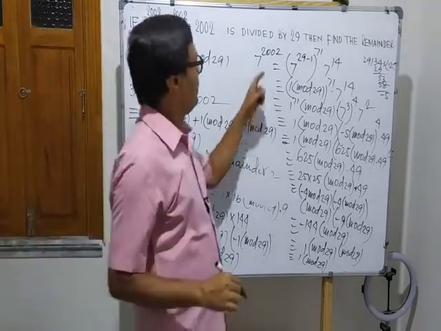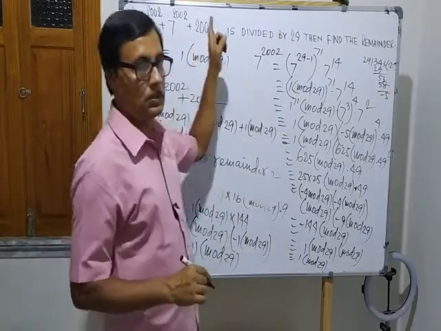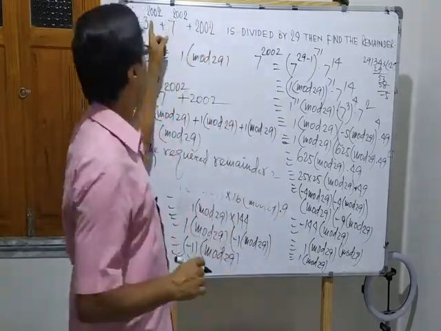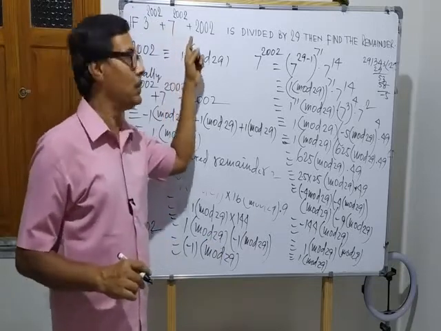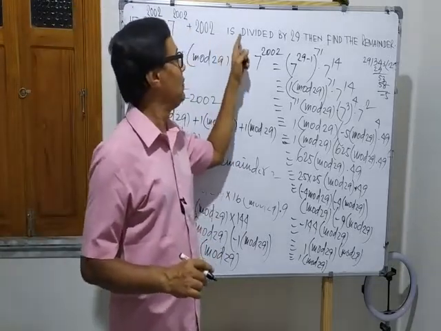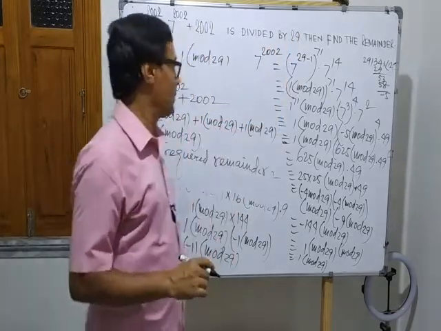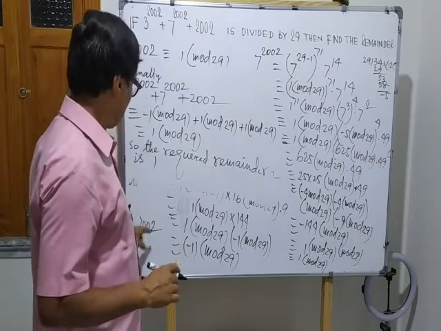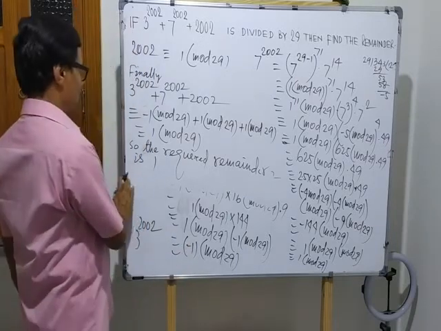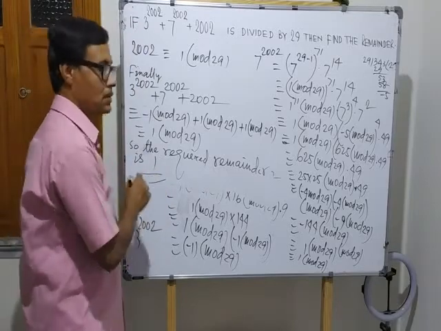If we divide 3 to the power 2002 plus 7 to the power 2002 plus 2002 by 29, then we have got the remainder as 1. This is the final remainder of this division, and this remainder is 1.